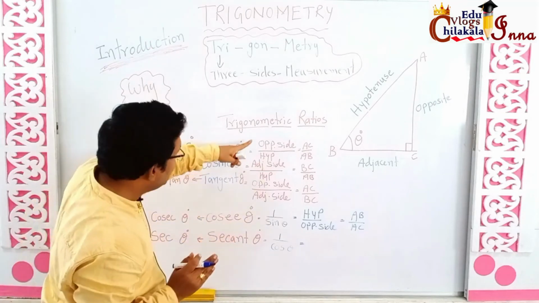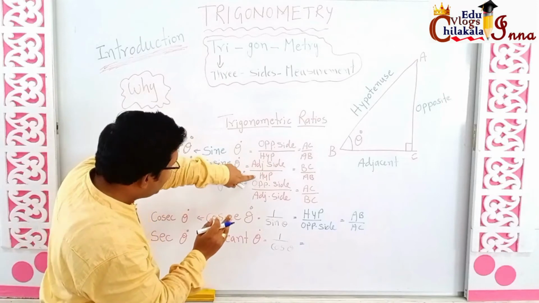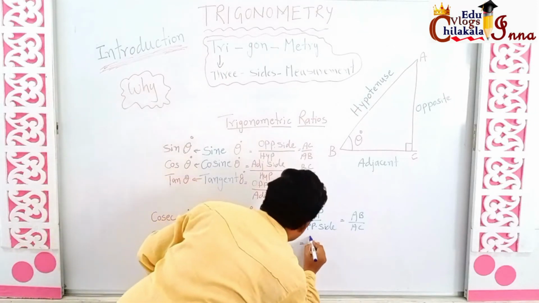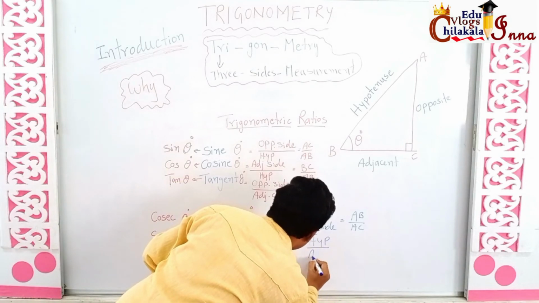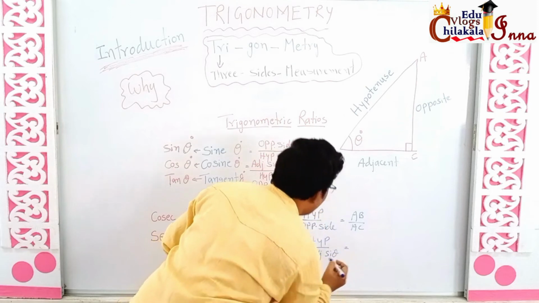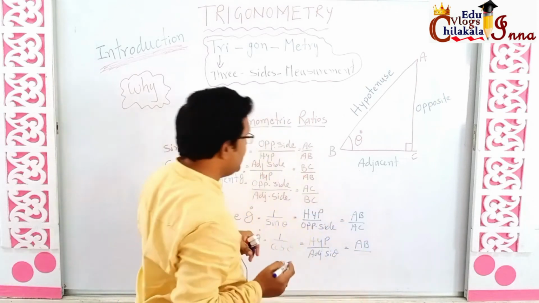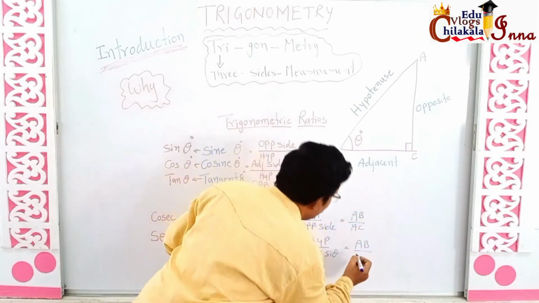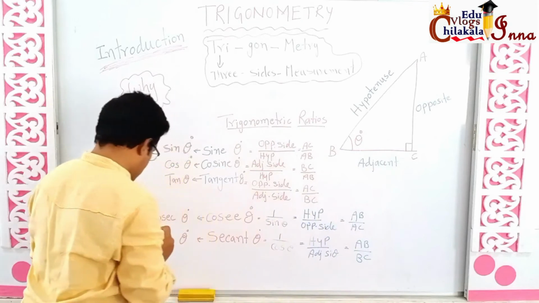So 1 by adjacent side by hypotenuse will become hypotenuse by adjacent side. What is hypotenuse here? AB is hypotenuse. What is the adjacent side here? BC. Very good.